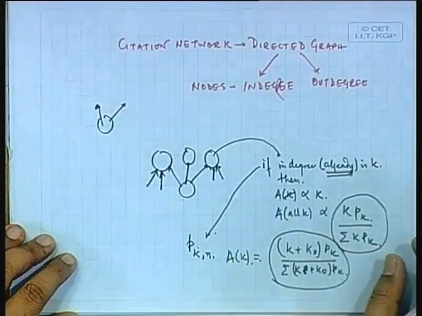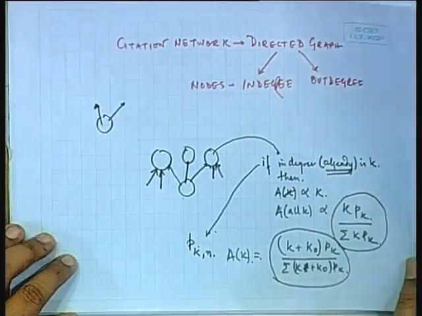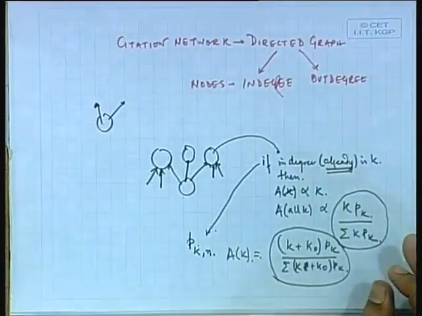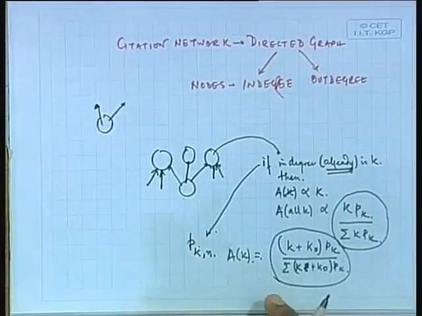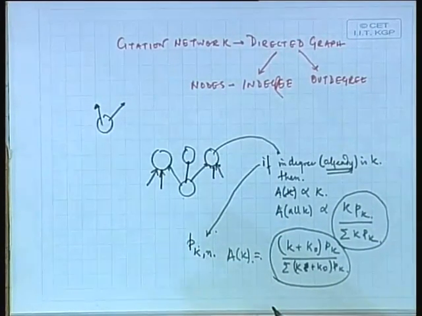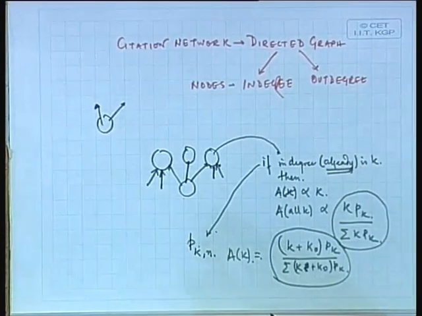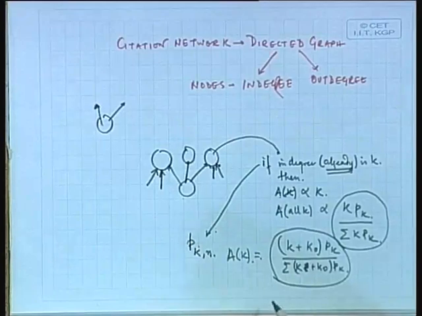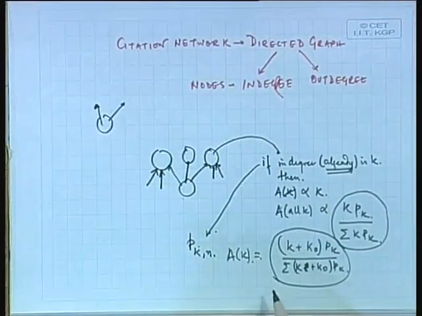Okay. So, this is just if one edge is added. All k degree nodes, what is the probability that they change to k plus 1 degree nodes? Because this is the probability that some k degree node will receive that edge.